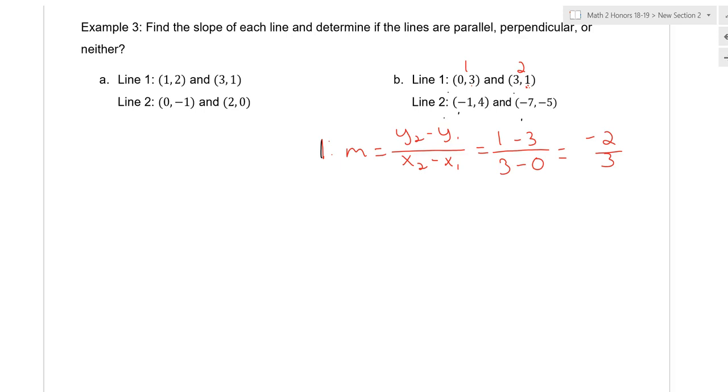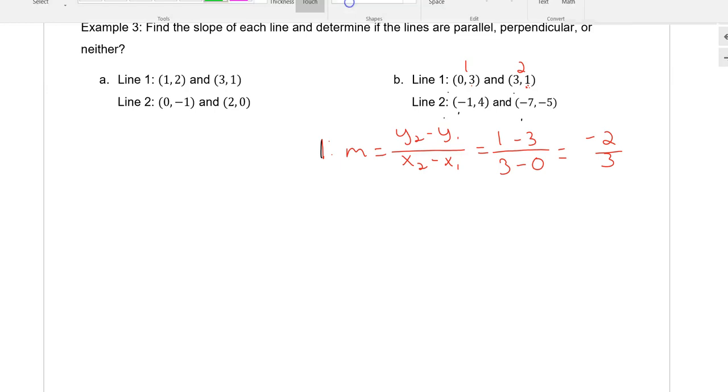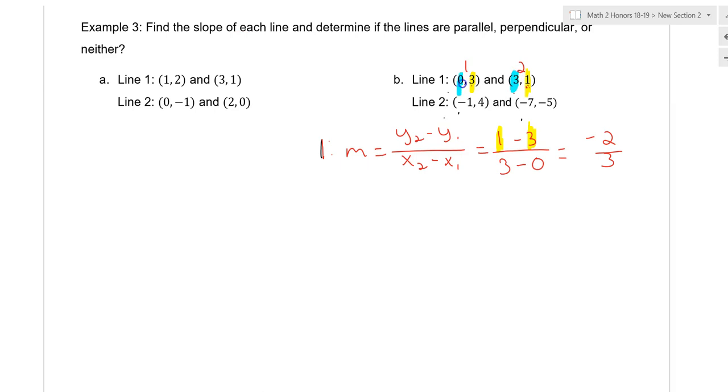Right. And again, that comes from y minus y, and then, right, x minus x there.